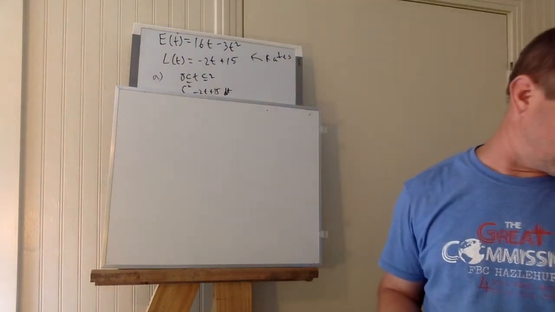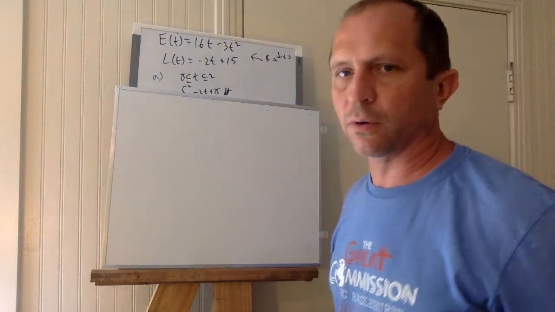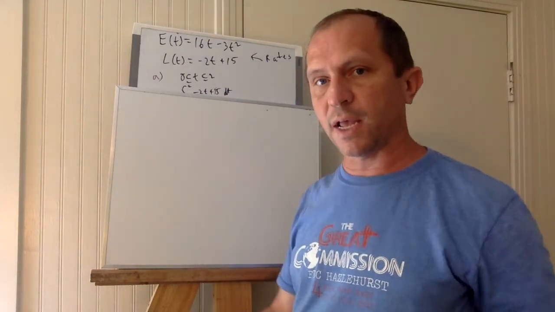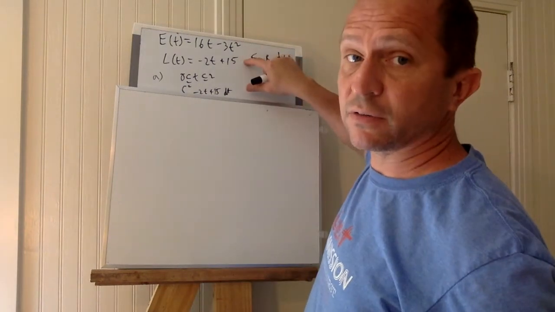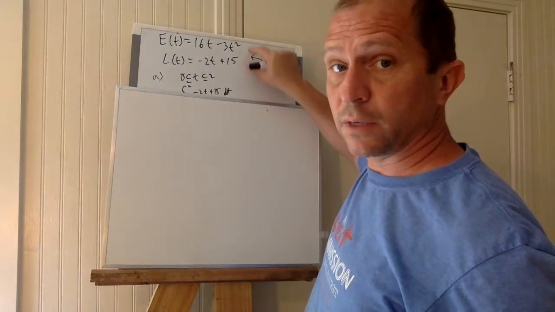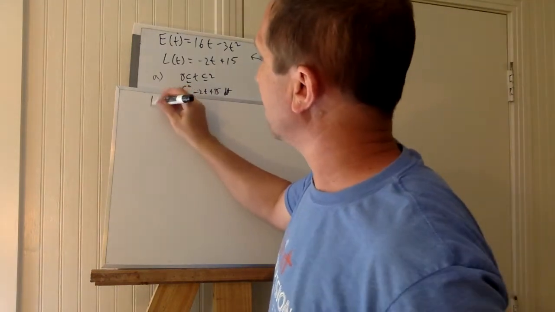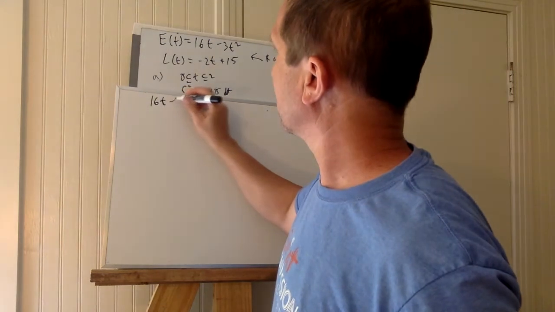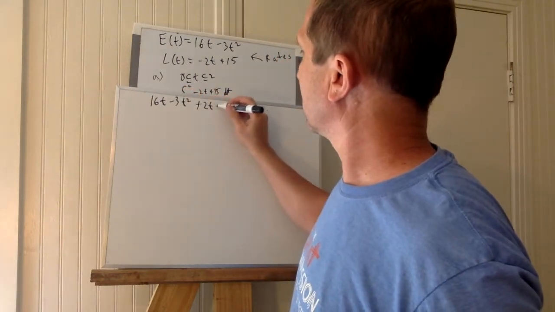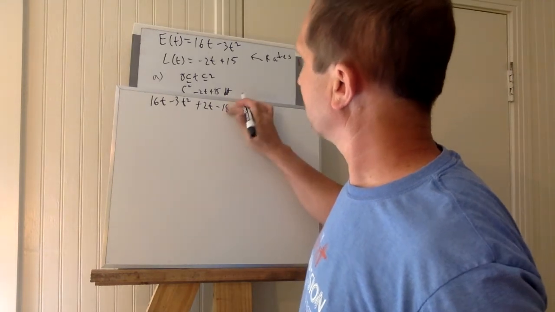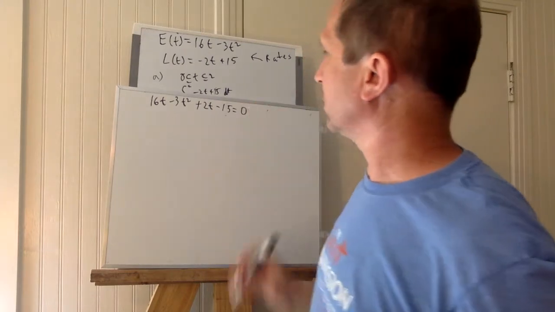The next thing says find the minimum number of bees in the time. So we want the critical number, where the rate is equal to 0. Remember, these are both derivatives. So all we're going to do is take this equation of E of t minus L of t, and set that equal to 0.